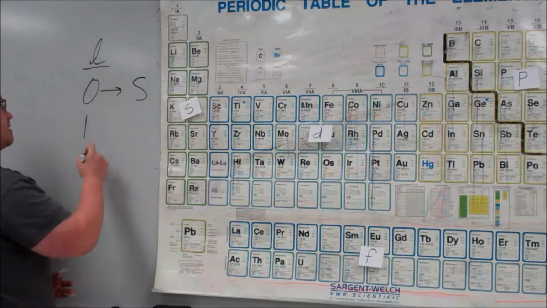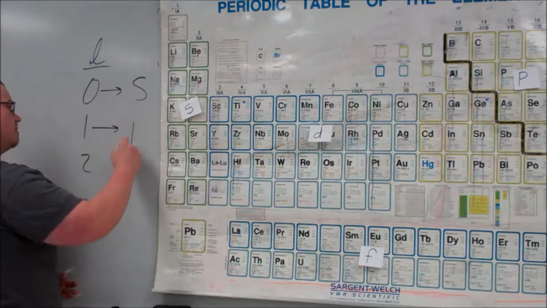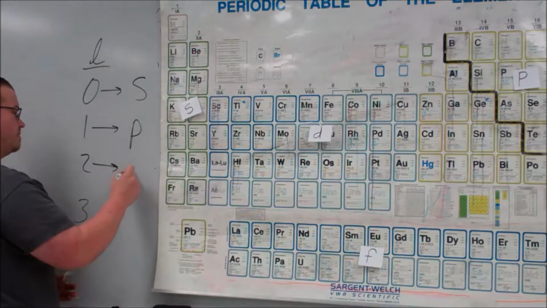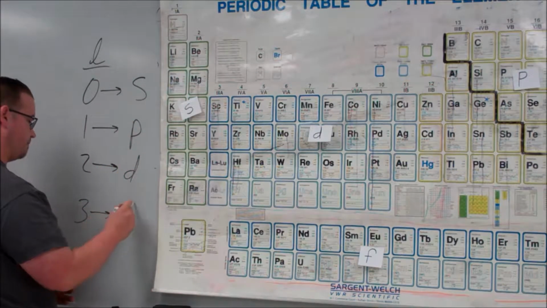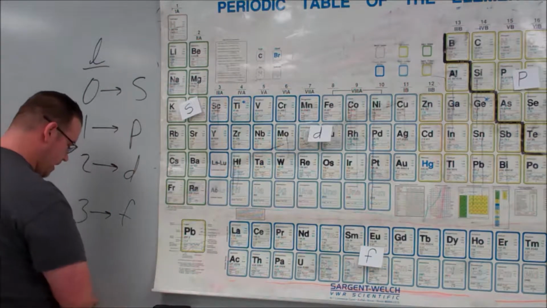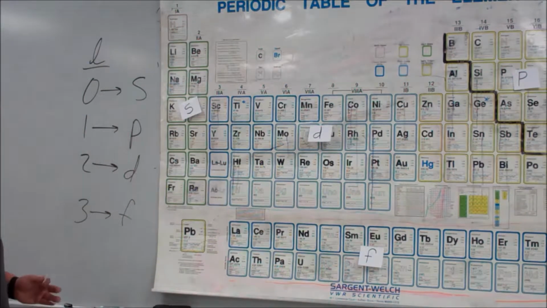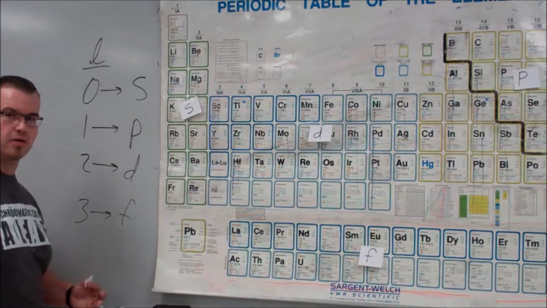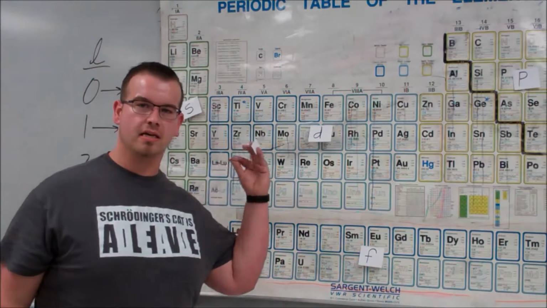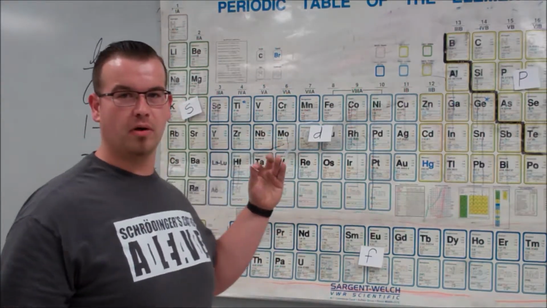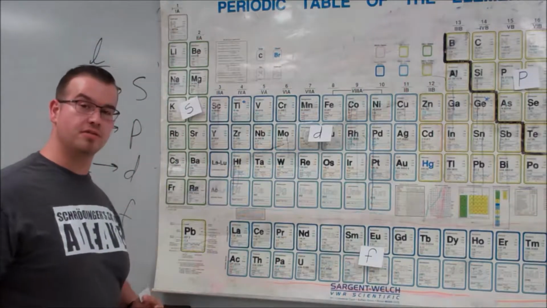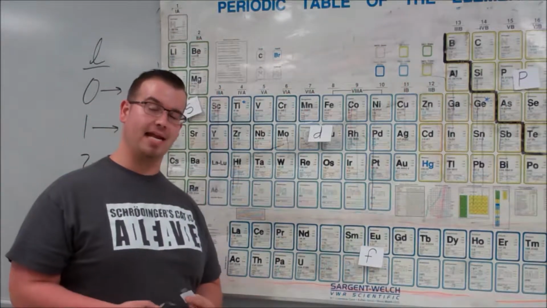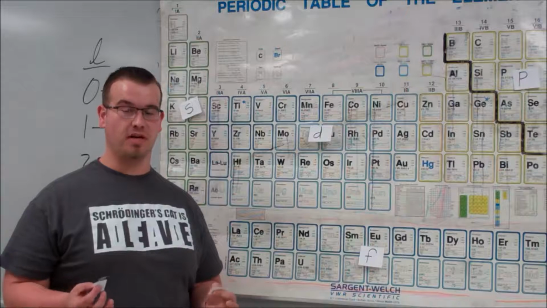If it's 0, it's S; 1 is P; 2 is D; and 3 is F. Using your angular momentum quantum number, L, you can find the range for your magnetic quantum number, which tells you your orientations.